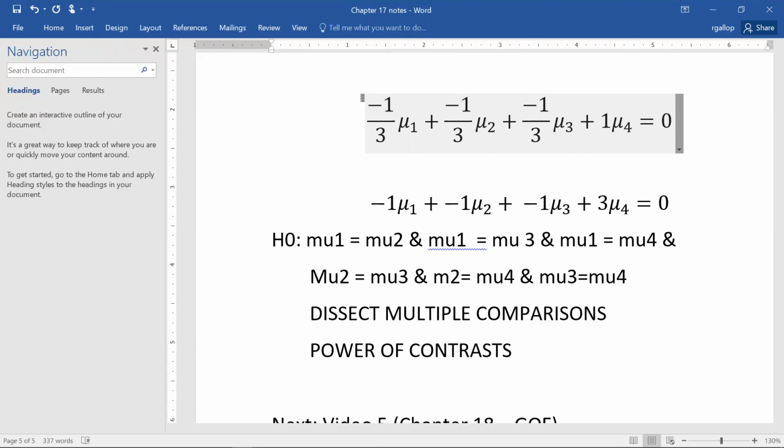That's the null hypothesis of the ANOVA. It's these 1, 2, 3, 4, 5, 6 simultaneous tests.